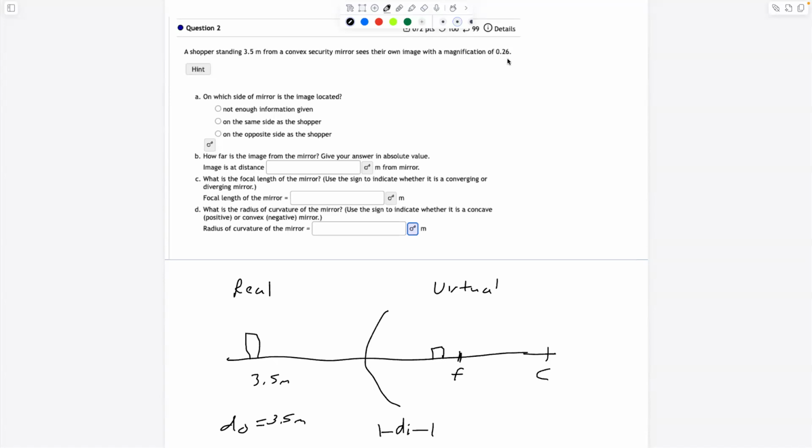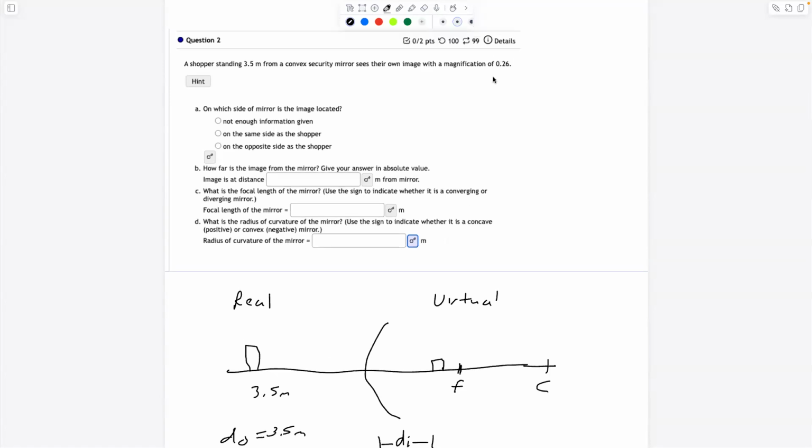Because we have a positive magnification, we know our image is going to be upright. Negative magnification means your image gets flipped over. Positive is upright. We know because it's a convex mirror that our image is going to be on the opposite side. Convex mirrors always produce virtual images.